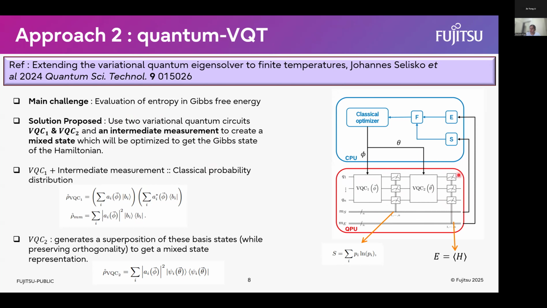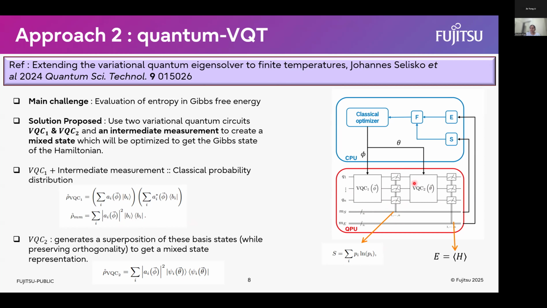To tell it a bit more explicitly, when we do the measurements over the first variational quantum circuit, we get some classical probability distributions, which are used to evaluate the entropy term in the Gibbs free energy.